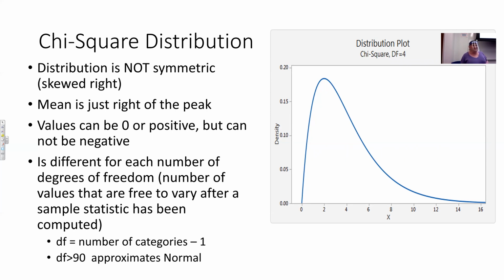So we can get back to the normal if we have enough categories. Now that's probably going to be rare. I don't know of a scenario where you might have 100 different categories or 91 different categories, but when you reach that threshold of 90, it does approximate the normal distribution.